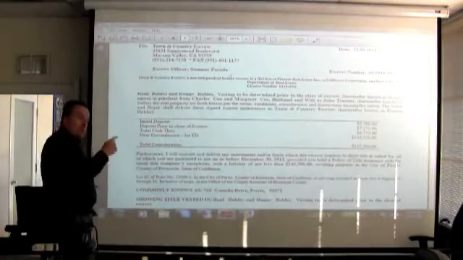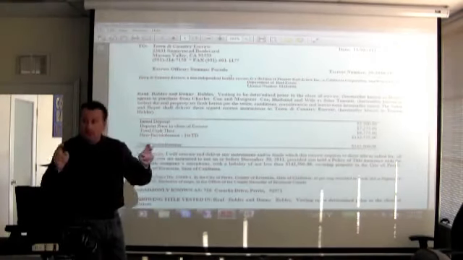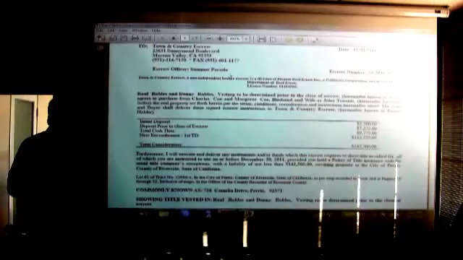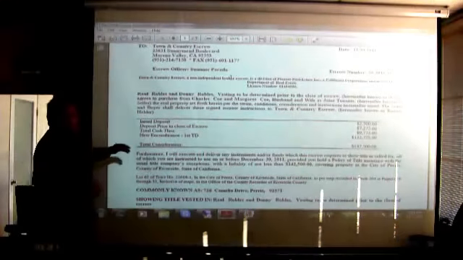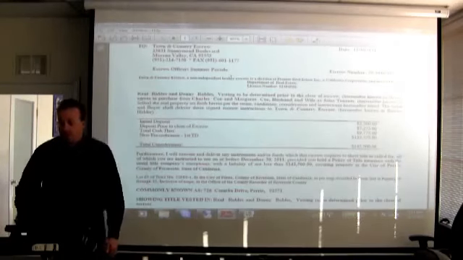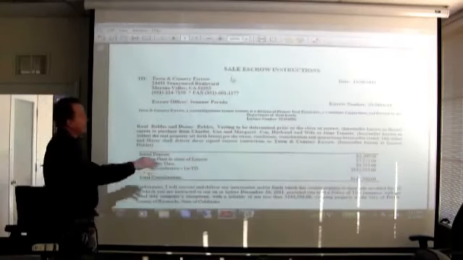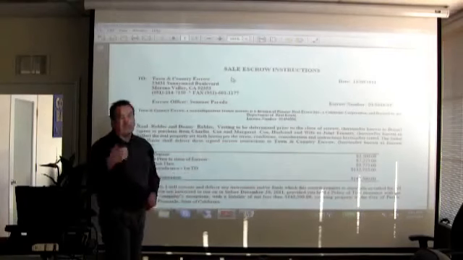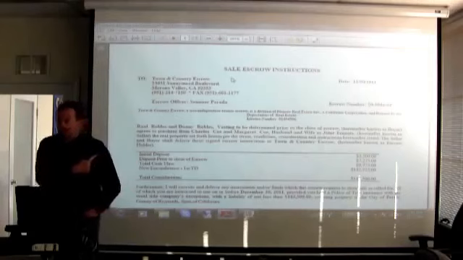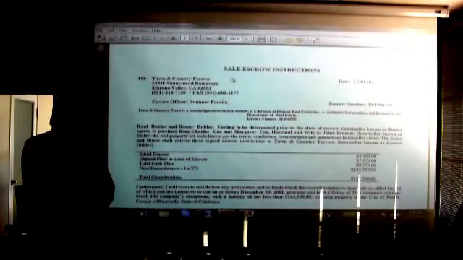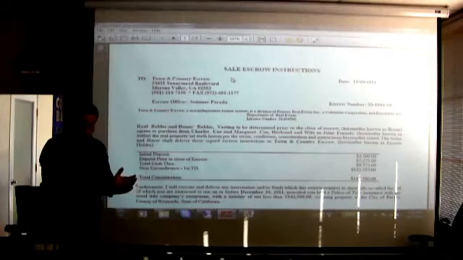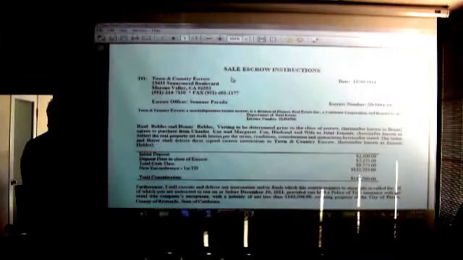The California Residential Purchase Agreement, purchase contract, is the legally binding contract. Nowhere in the escrow instructions, go back up to the top, will you find the word contract. This is not a contract, okay? The contract between the buyer and seller is the purchase contract, the purchase agreement, the RPA, okay?